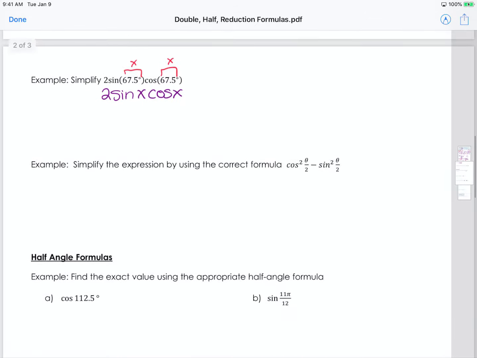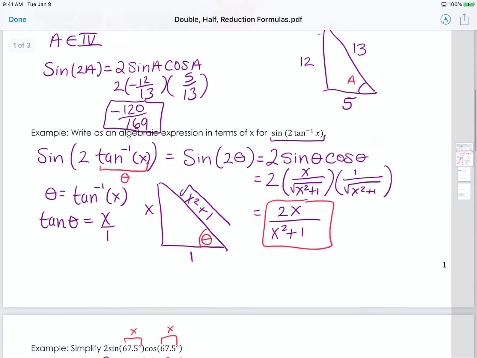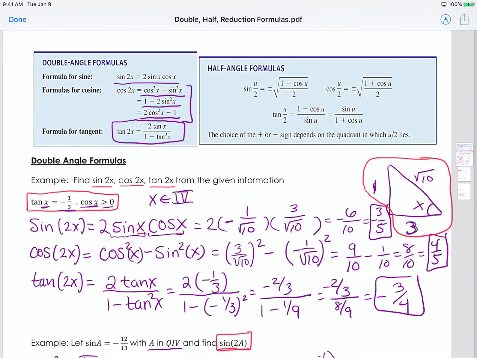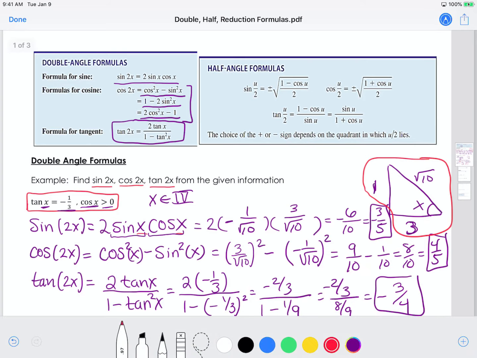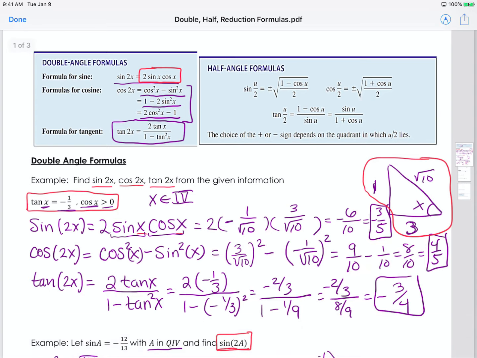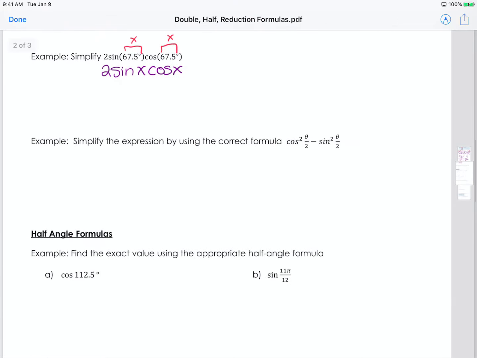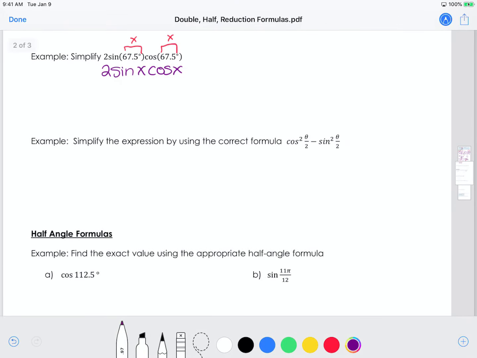And if you scroll back up and you look at your formulas in your blue shaded box, that's this formula right here. 2 sine x cosine x is equal to sine 2x. It's a double angle formula for sine. So scrolling back down, this is equal to sine of 2x.